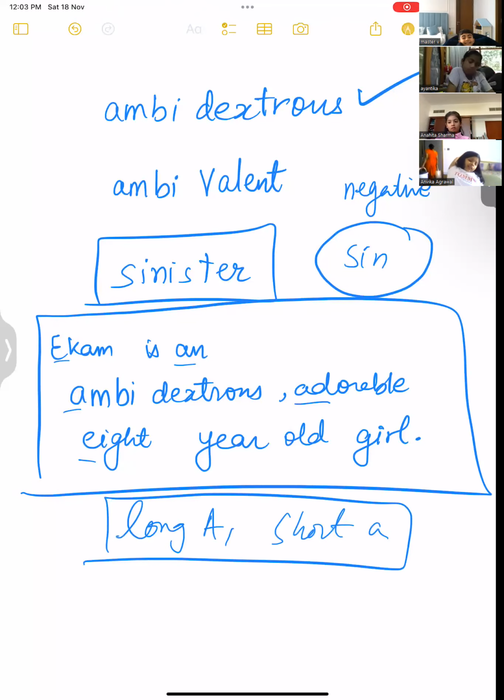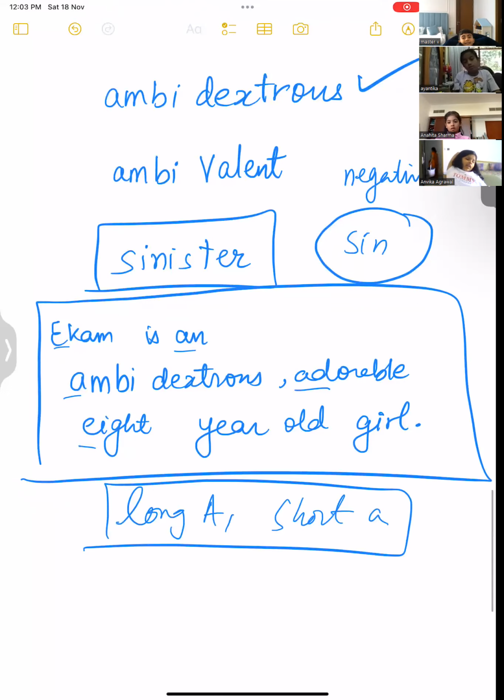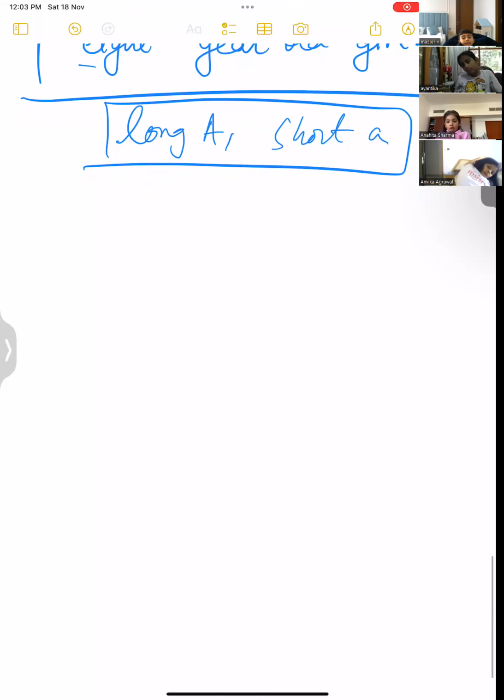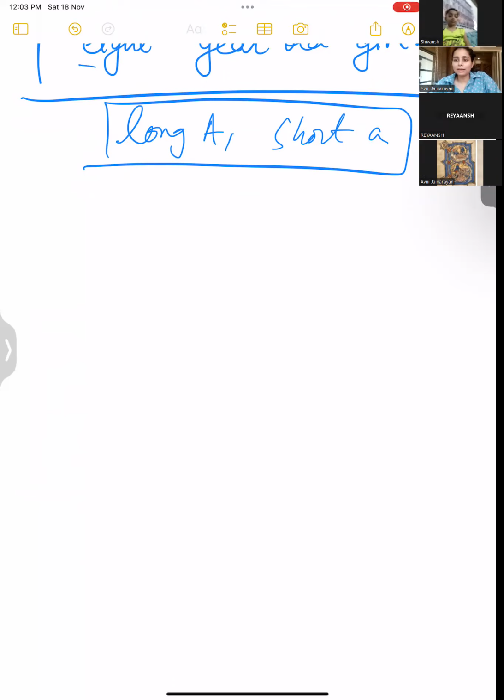Ma'am, yes. So ambidextrous people write like this. They write like this? No. Some days they will write with their left hand. Listen. Have you seen the movie Three Idiots? Yes, ma'am. The principal was ambidextrous. Sorry, the professor there, Boman Irani, is a character who plays the professor of that university, Imperial College.